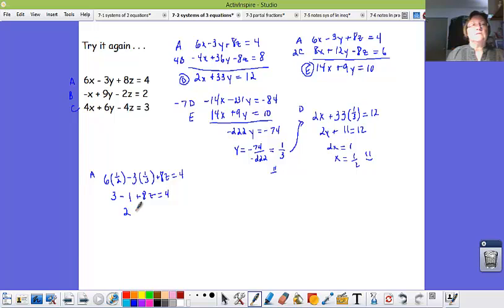This is 2 plus 8z equals 4. Subtracting 2, 8z equals 2, and dividing by 8, z is 2/8 or 1/4.